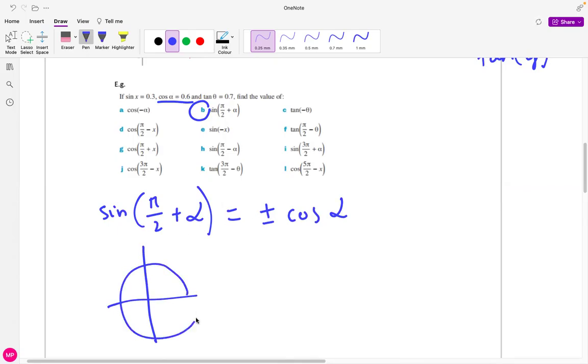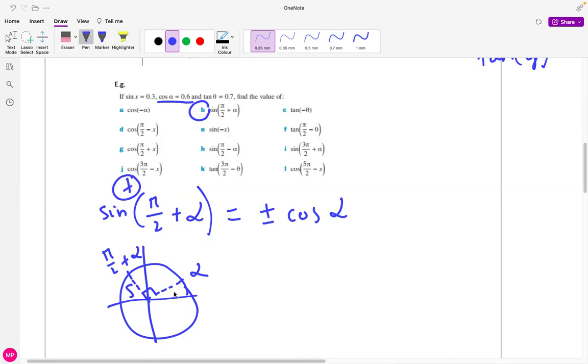So think about alpha being in quadrant 1. From alpha, you add 90 degrees, which is pi over 2, which gives pi over 2 plus alpha. So for pi over 2 plus alpha, we're looking for sin. And in this quadrant, sin is positive. So we know that this is positive.